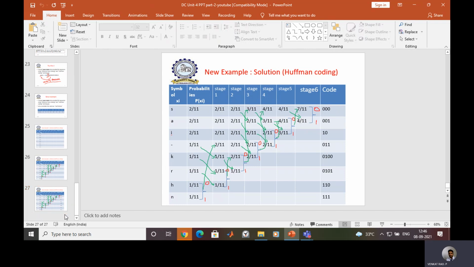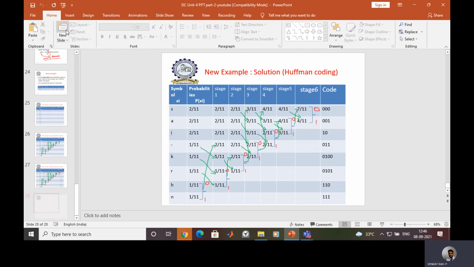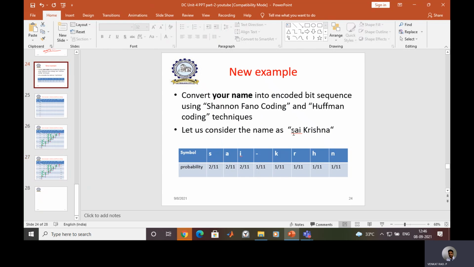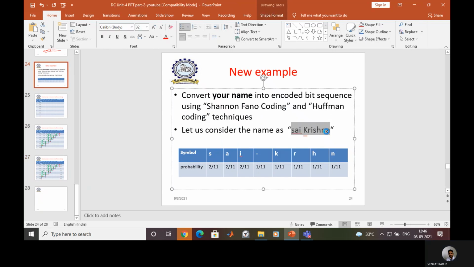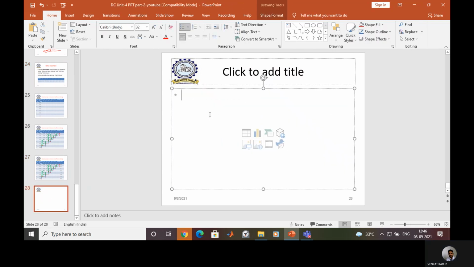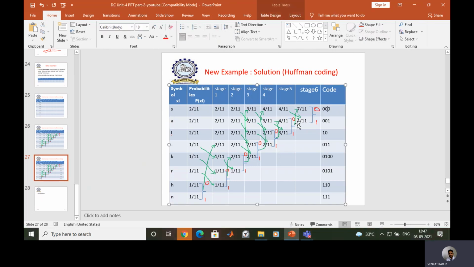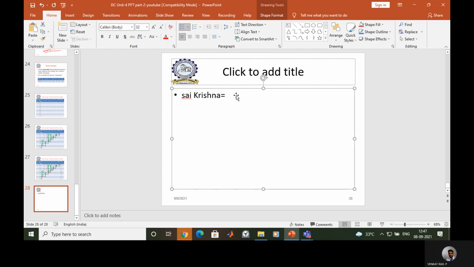Okay. For example, if you want to write the code for a name, how to write the code according to the occurrence of these symbols. We know all the codes for all the symbols. For S, what is the code? 3 zeros.